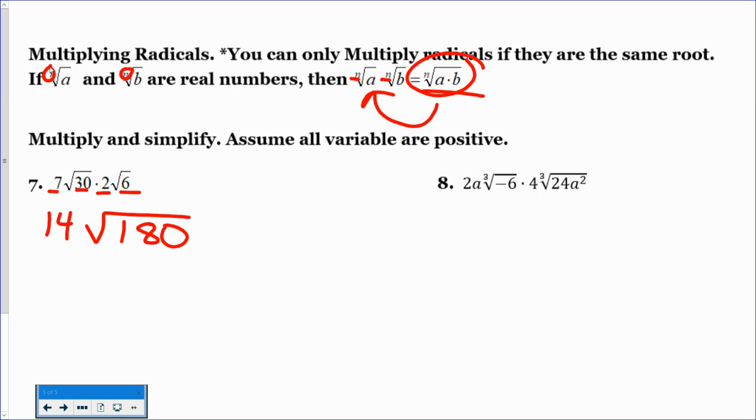Okay. And then from here, now I'm doing the same thing. I'm going back to perfect squares. So I'm looking for the largest perfect square that divides 180. And then you'll start to realize square roots are probably the most difficult, because you start to list out all your perfect squares.